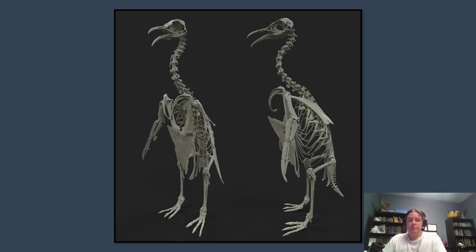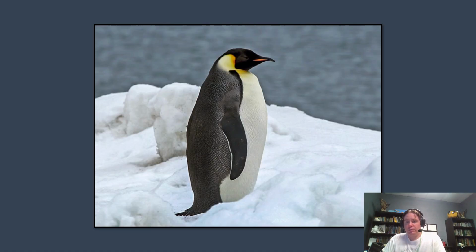And then the wings, which act to swim, have flattened bones that help increase stability in their swimming type of flight. And so that's how you end up with this creature here, the emperor penguin.